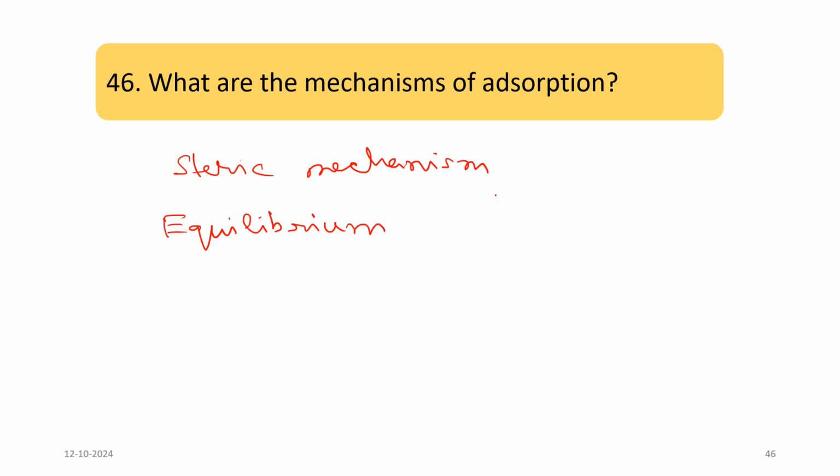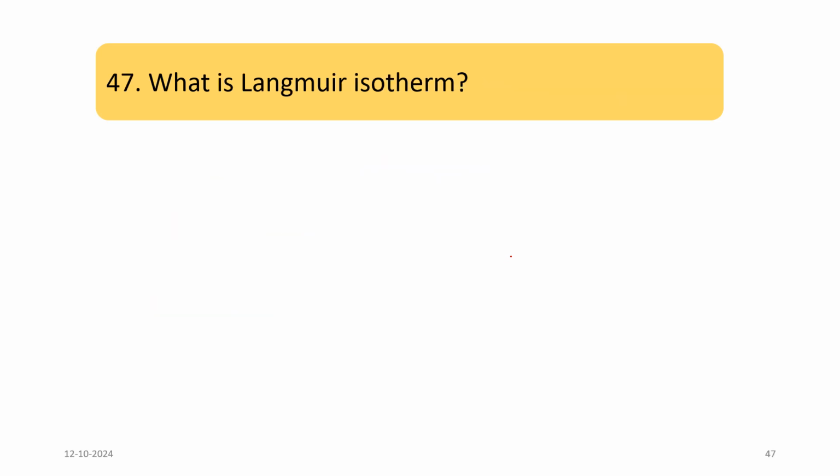It is based on the solid having different abilities to accommodate different species. That is, the stronger adsorbing species is preferentially removed by the solid. Third one is the kinetic mechanism. It is based on the different rates of diffusion of different species into the pore. The faster diffusing species is preferentially removed by the solid by controlling the time of exposure.